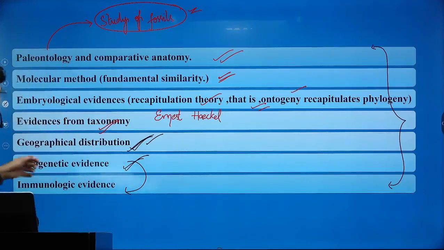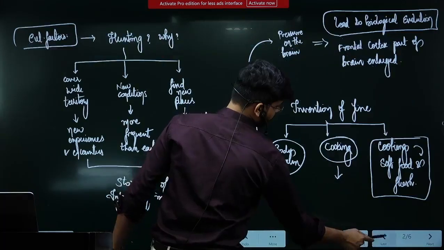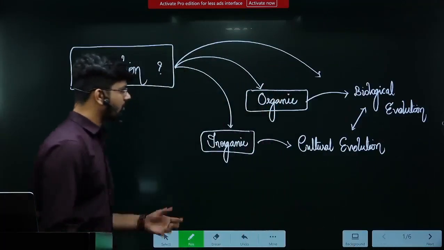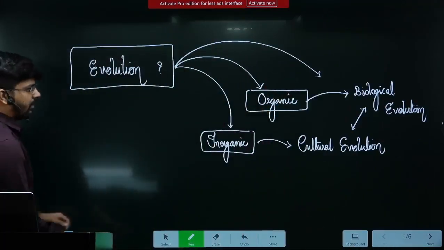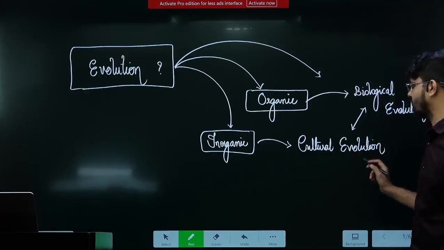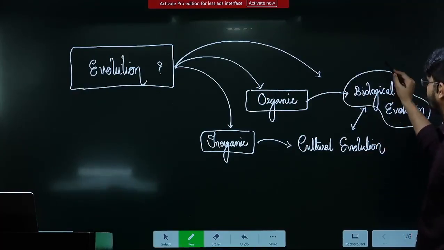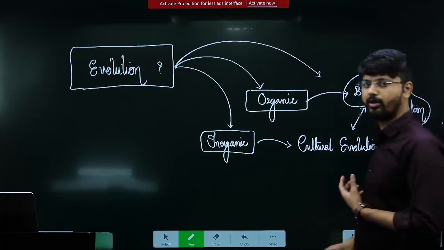Now we have two kinds of evolution: biological evolution and cultural evolution. Biological evolution happens within the organism, within the body of a person.